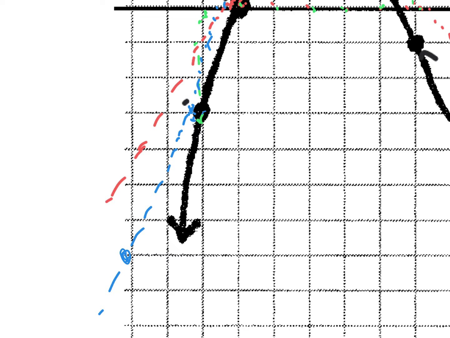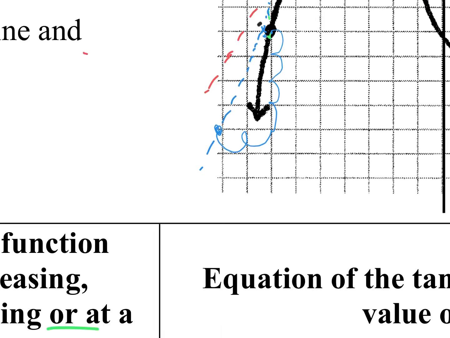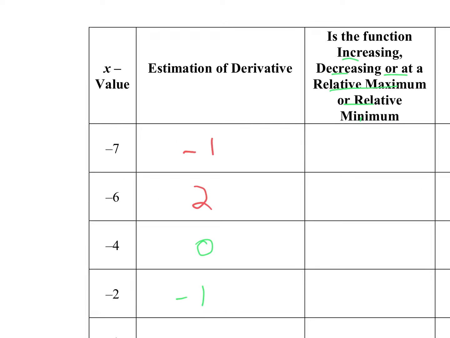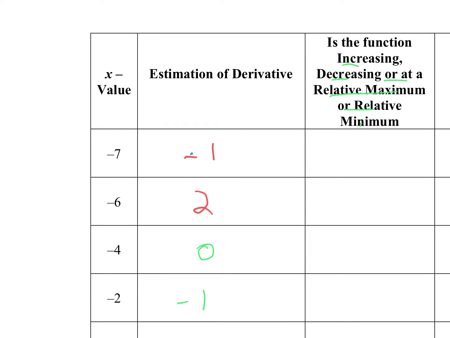See how it crossed the intersection? So my estimate would be 1, 2, 3, 4, 1, 2. Wait, that also looks like a positive 2. Yes. Positive 2. So I'll go up here and put positive 2.